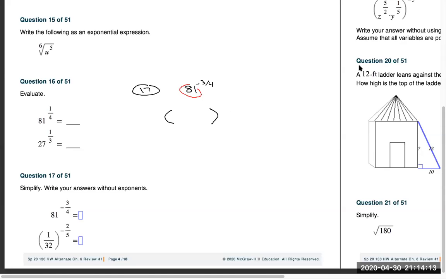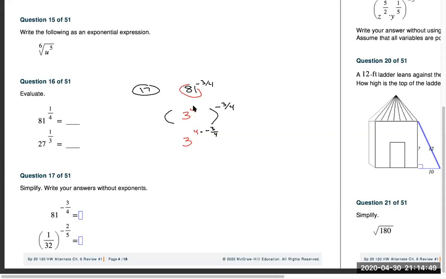I know that 81 is 3 to the 4th power, and I'm taking that to the negative 3/4 power. So that's going to be 3 to the 4th times negative 3/4. So this is what I meant. See how the exponent of the inside will cancel out with the exponent out here on the bottom?